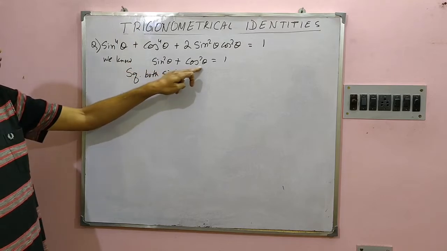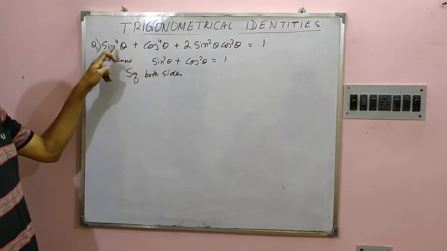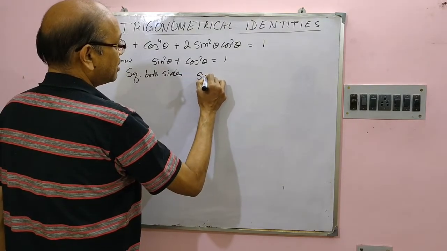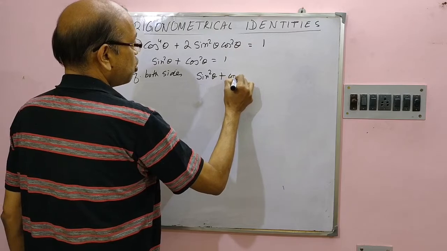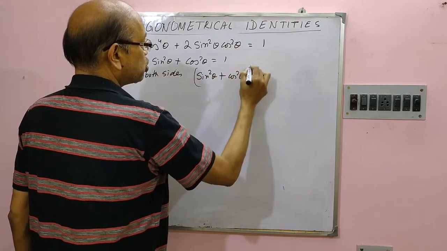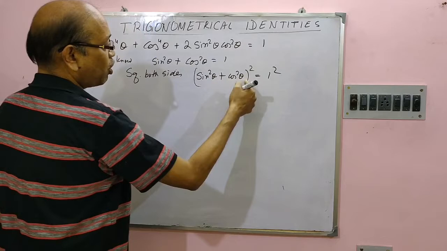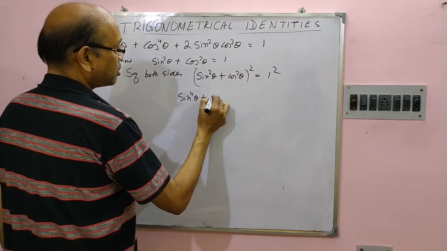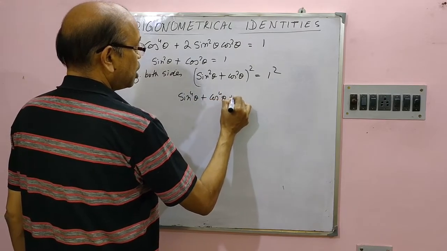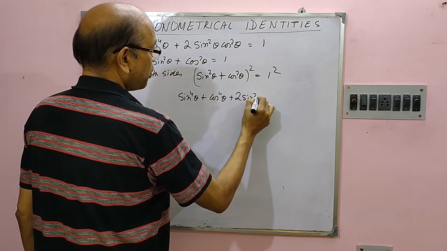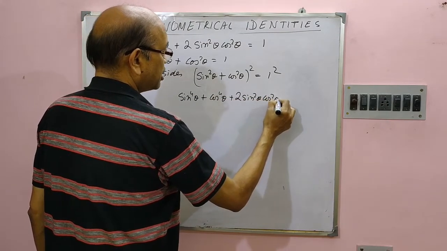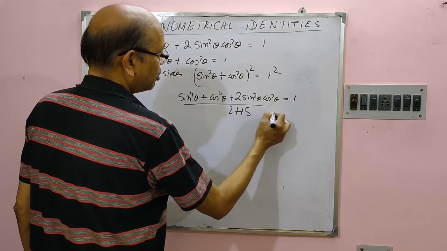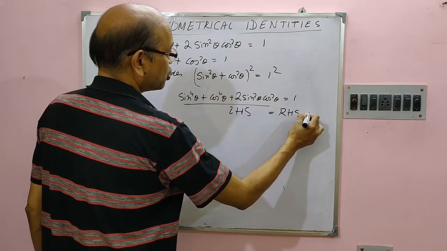So squaring both sides, what do I get? Sine square theta plus cos square theta whole square is equal to 1 square. Now open this up, we get sine 4 theta plus cos 4 theta plus 2 sine square theta cos square theta is equal to 1. This is your LHS, and this is equal to RHS. Proved.